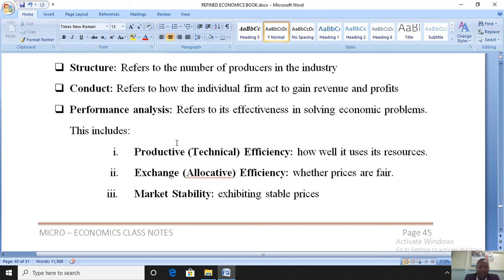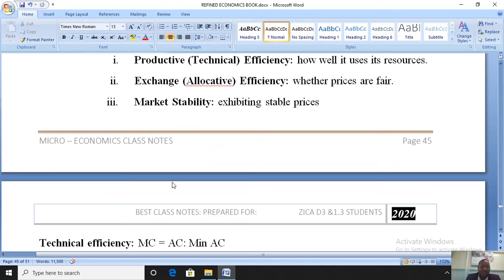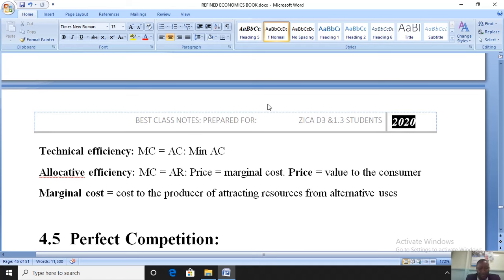The third thing we look at under performance analysis is the market stability, whether the market structure exhibits stable prices. So when we talk about productive efficiency and exchange efficiency, what exactly are we referring to? Productive efficiency or technical efficiency looks at whether the firms are minimizing the average cost, and this we look at the point or level of output where marginal cost equals average cost.